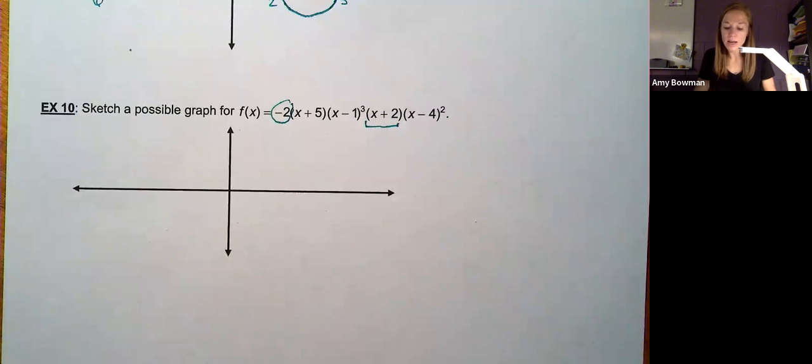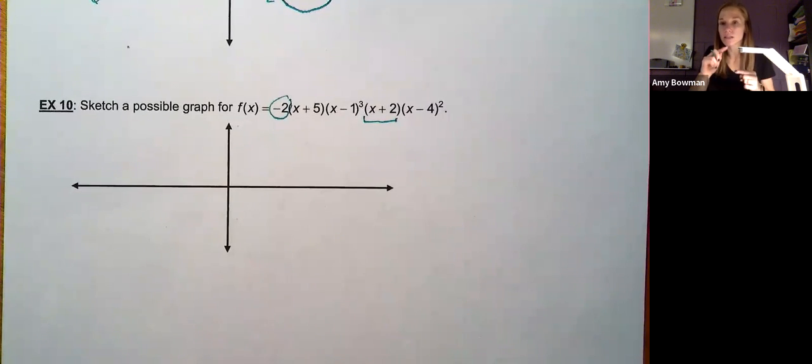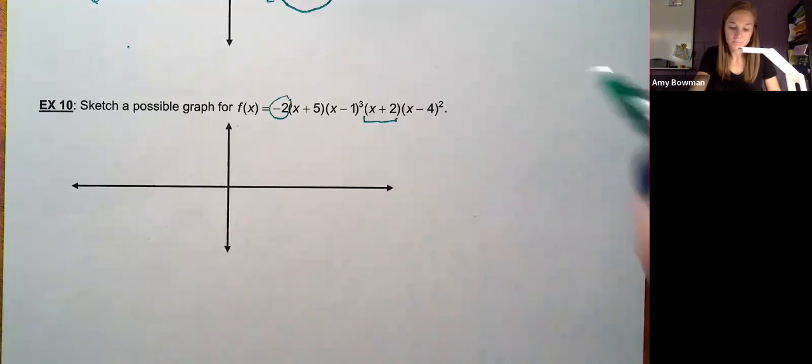So when you're looking at the total degree of this function and where it will start and end based on that total degree, you need to keep that negative in mind because it is going to reflect it over the x-axis. So pause and try it on your own, and then I'm going to walk through it, and then you can resume the video and check your work.